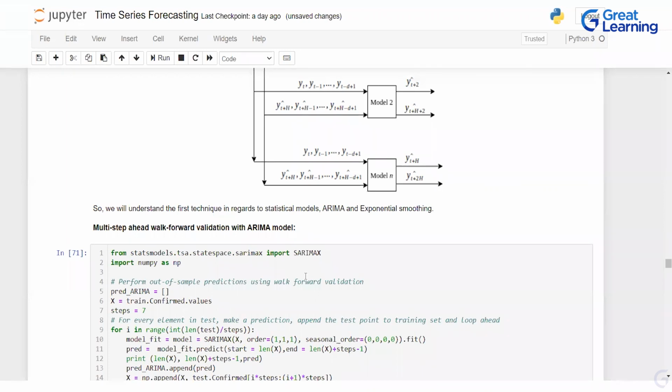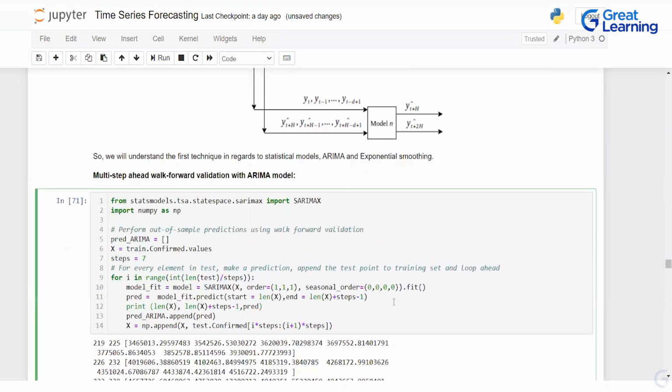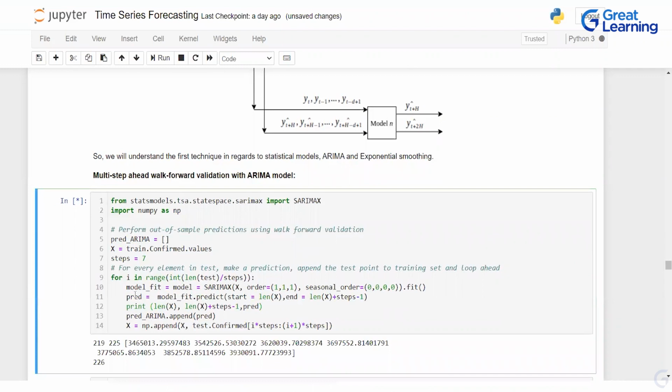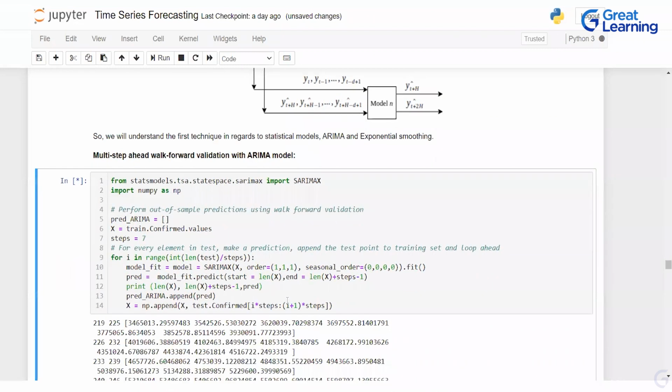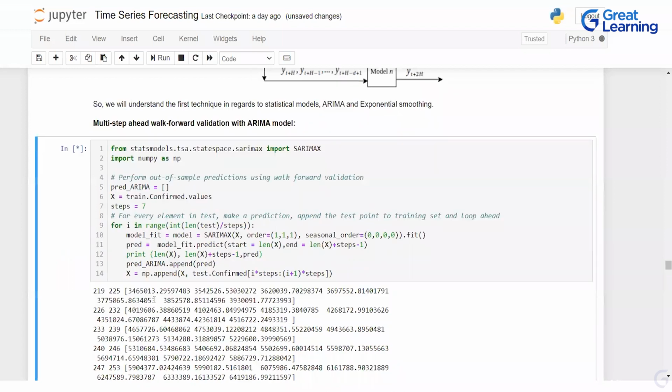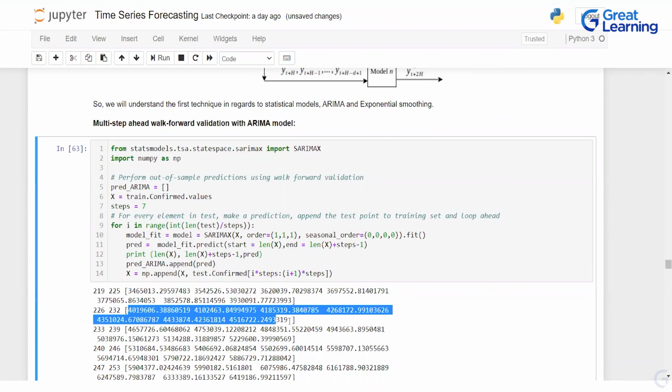That's what I am doing, multiple ahead prediction. Okay, so for all this, so many predictions are done. Now again, it will use this as input. It will create the new steps for me. So this is what it is doing.